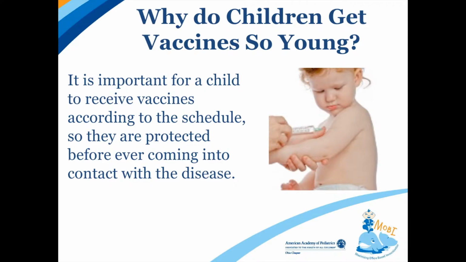So why would you give vaccines to children at such a young age? Well, when children are very young, their immune system has not really even seen many of these different germs. The earlier you can introduce a vaccine, the earlier they can fight infections. If they receive it on an early schedule, they're protected before ever coming in contact with the disease.